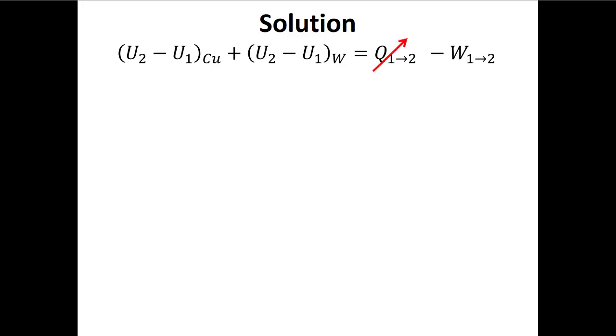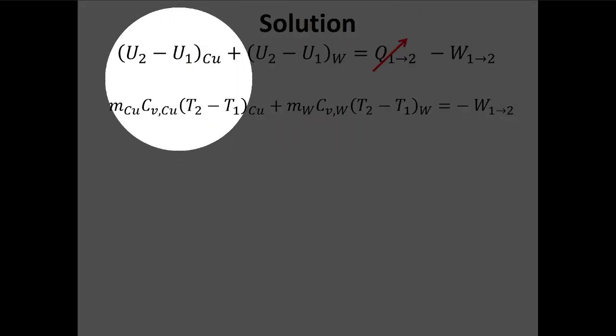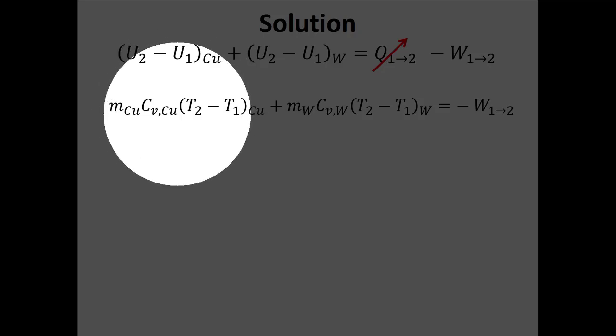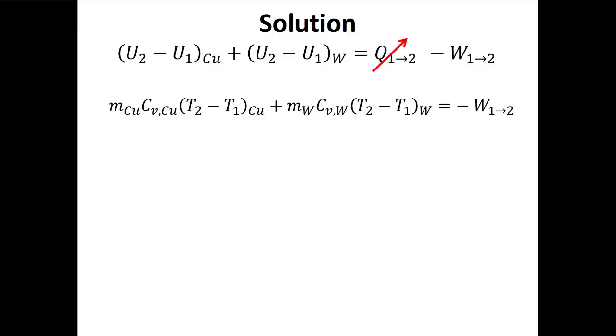For my assumptions list, I assumed that the system was insulated. Because the system is insulated, Q is equal to 0, so I can cancel that out of my equation. I've also assumed that I can invoke the incompressible solid or liquid assumptions for delta U, so that m times Cv times delta T is equal to delta U. I do that in both of these cases.